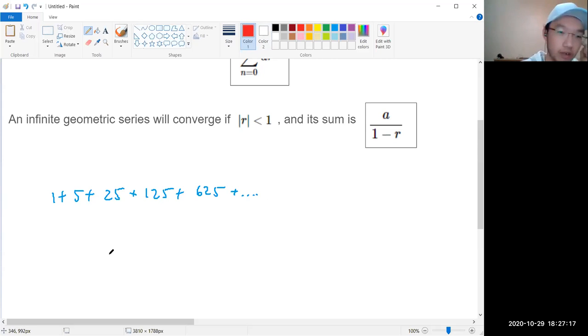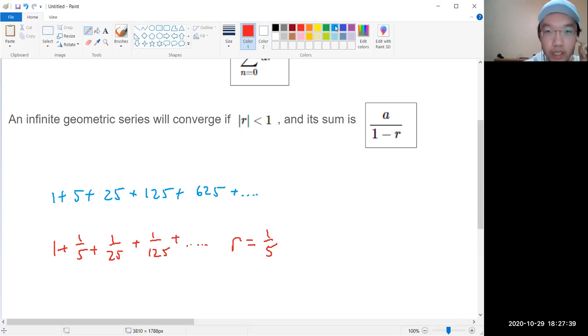And then let's consider another geometric series. So let's do 1 plus 1/5 plus 1 over 25 plus 1 over 125, and so on and so on. So in this second geometric series, the common ratio is 1/5.